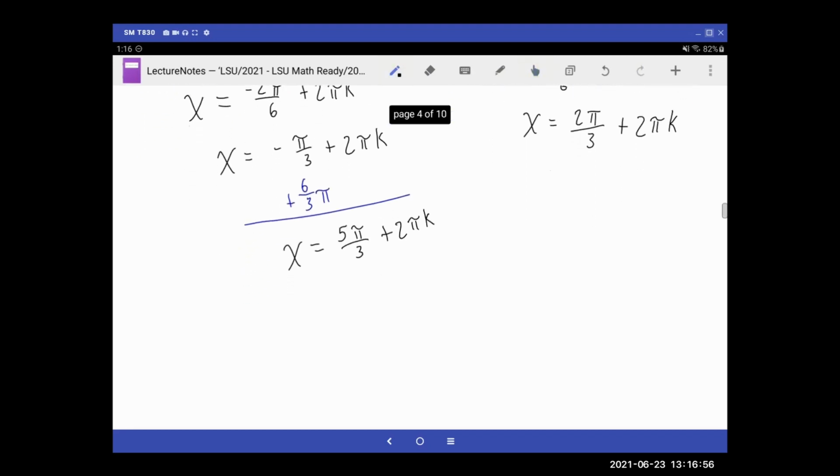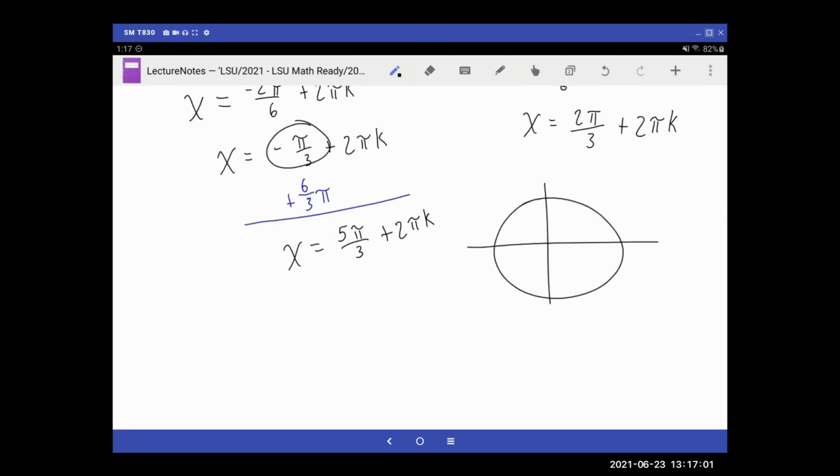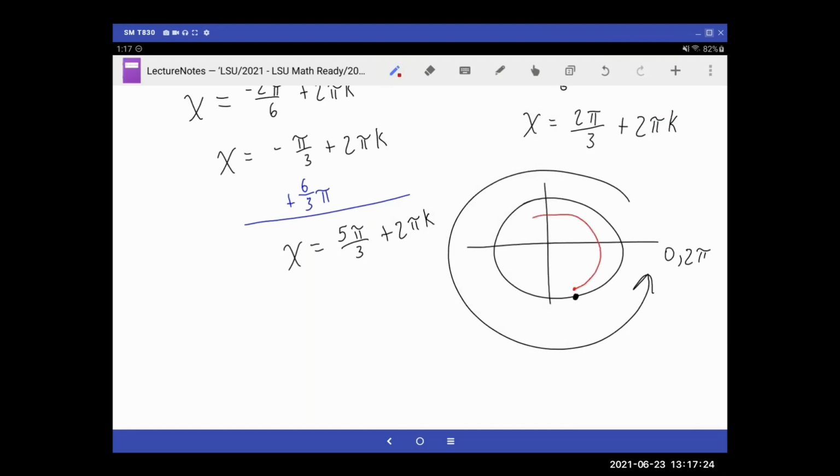So 2 pi over 3 plus 2 pi k and 5 pi over 3 plus 2 pi k. Again, remember, all that happened there is that this negative pi over 3 is this point right here. Well, negative pi over 3 is not within the first rotation, right? Whenever you start at 0 and you go all the way around and return, it's 2 pi. So to get it within that first rotation, I added 2 pi to it. And it goes all the way around and comes back. And that's where you get 5 pi over 3. 5 pi over 3 and negative pi over 3 are the same thing.